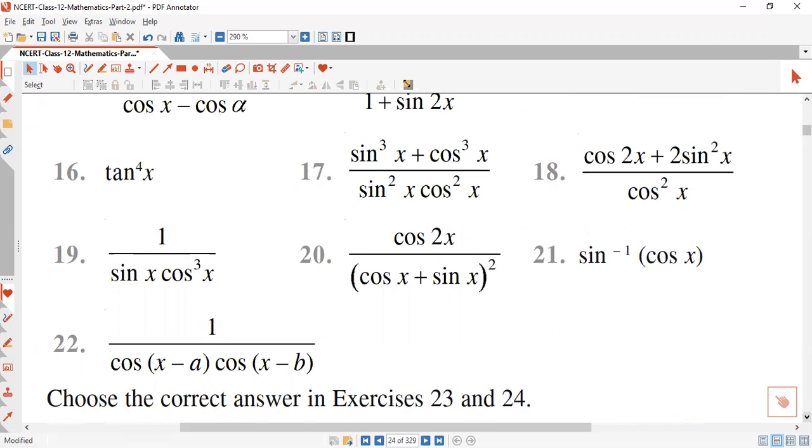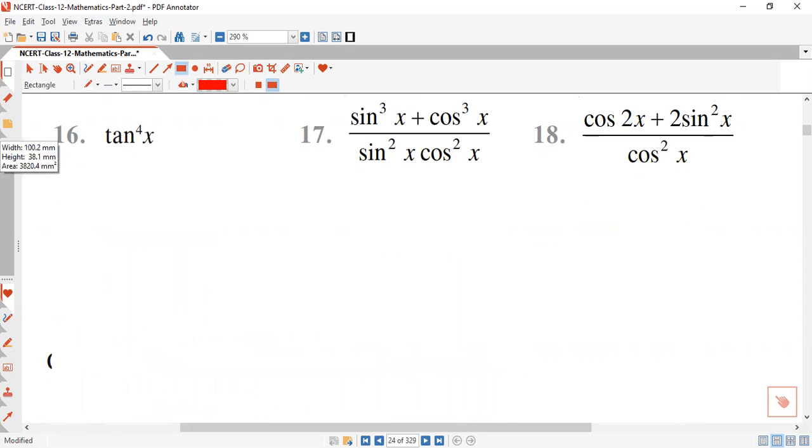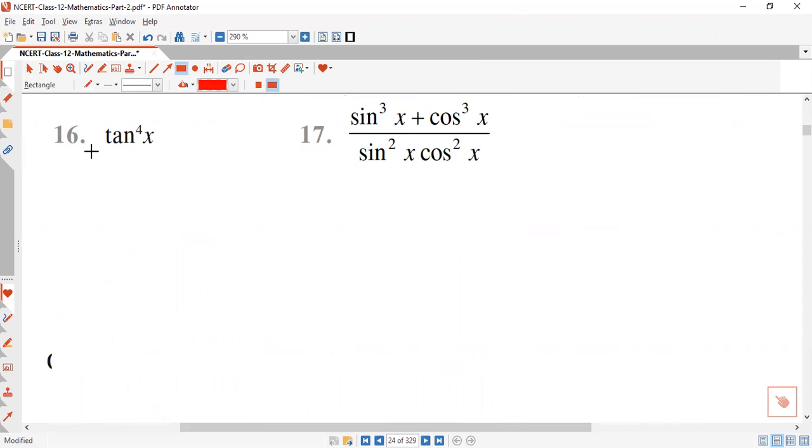Now we want to do question number 17. I am interested in finding only the integration of this question. Here, how can we proceed? In this, we have a denominator of sin square x cos square x, and in the numerator we have sin cube x and cos cube x.